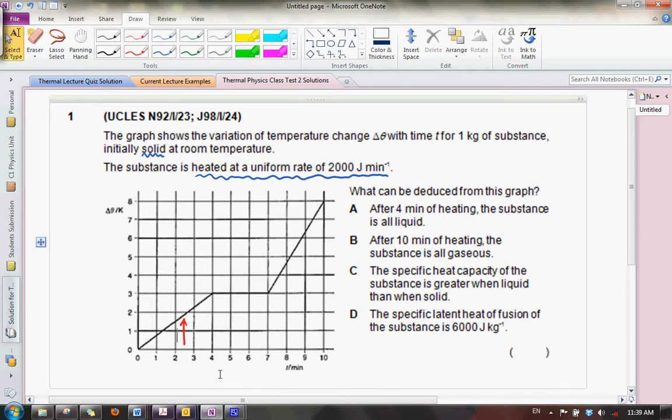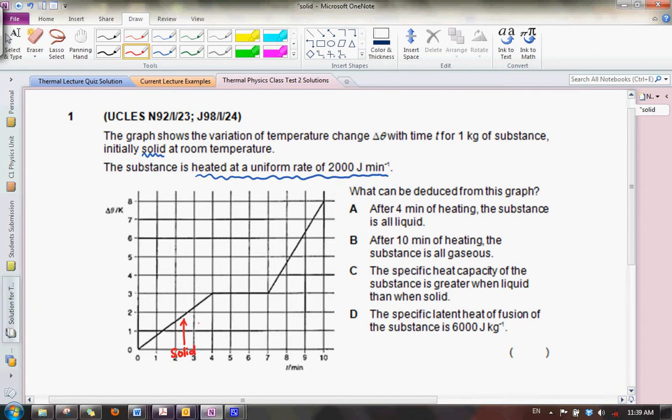So basically we see that the graph can be broken up into 3 stages. We are told that the question starts off at solid, and so this is the point where it increases from room temperature to a particular temperature at the 4th minute. Then you have a flat region.